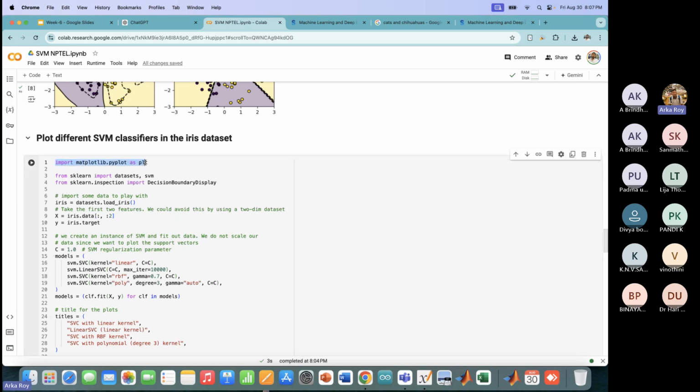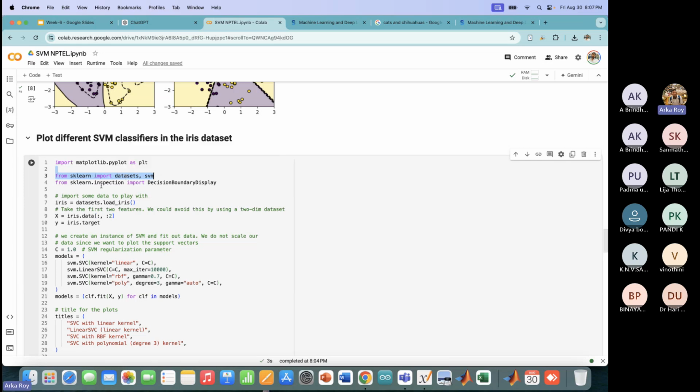So again, I'm importing matplotlib, and from sklearn, datasets and SVM, because I will be using a predefined dataset which is there in sklearn, and that is the IRIS dataset. That is why I'm calling from sklearn import datasets. This particular method we also have seen in Keras while importing the MNIST dataset and CIFAR-10 dataset.